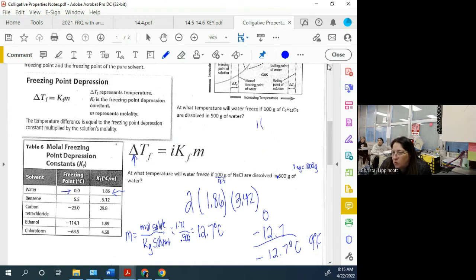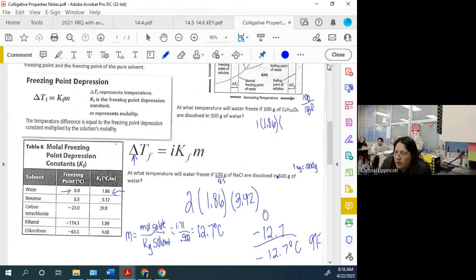This is still water, so it's still going to be the 1.86. And then we've got to figure out our molality. So here we have 100 grams of this. So 100 divided by the molar mass, 180, is 0.556.